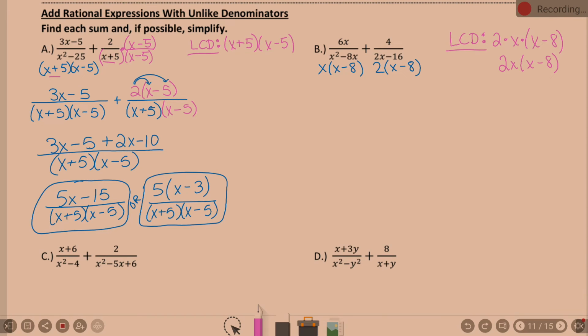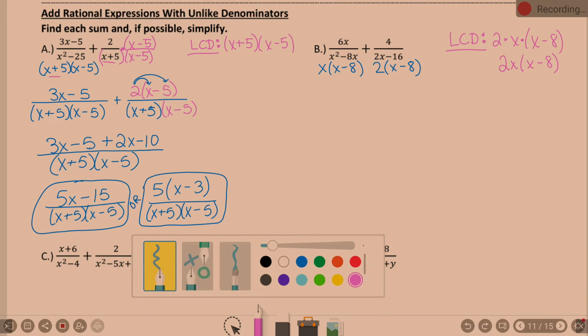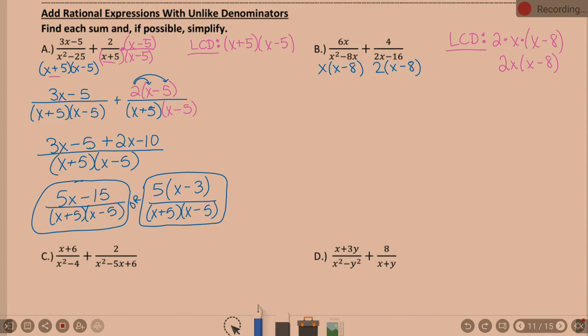Okay. So let's set up our two fractions. Both fractions are going to have what as their denominator when we get done? 2x, x minus 8. Okay.